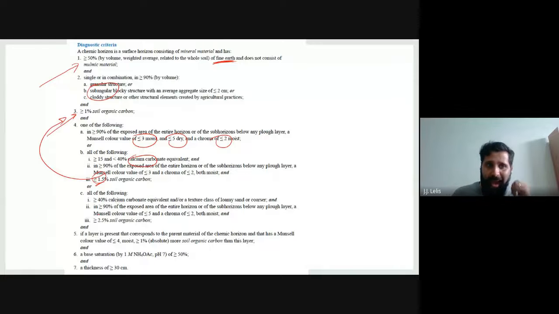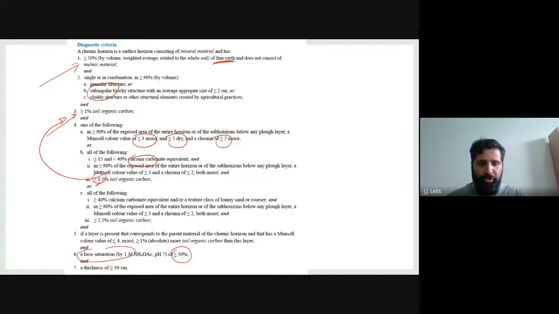So if we have calcium carbonate in soil, the organic carbon should be higher in these situations, okay? The base saturation still higher than the half.